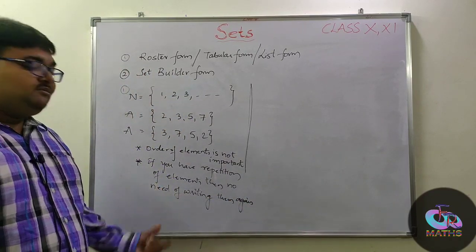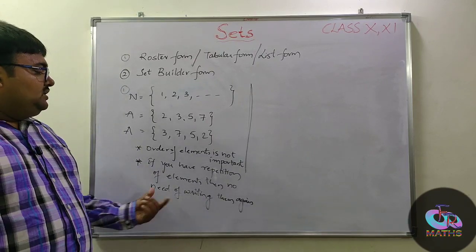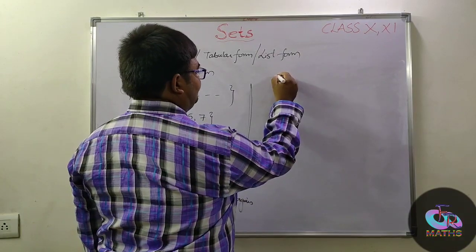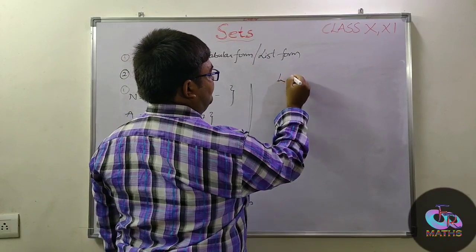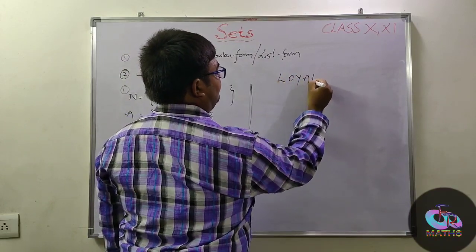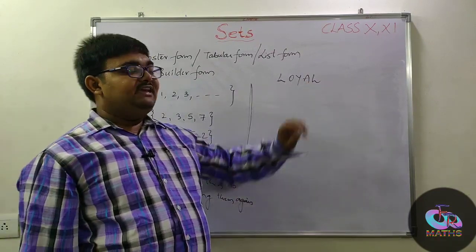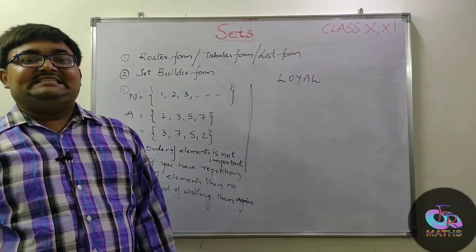So for this particular point, let me show you one example. So let us see one example. Suppose you are considering a word, LOYAL, and you are asked to write a set.